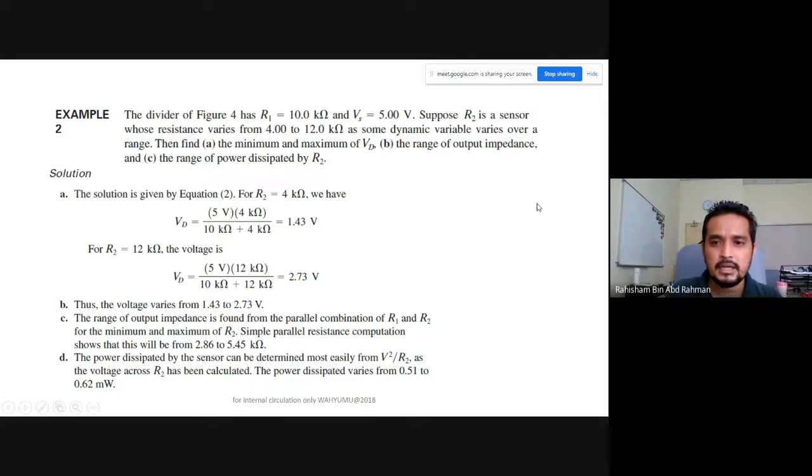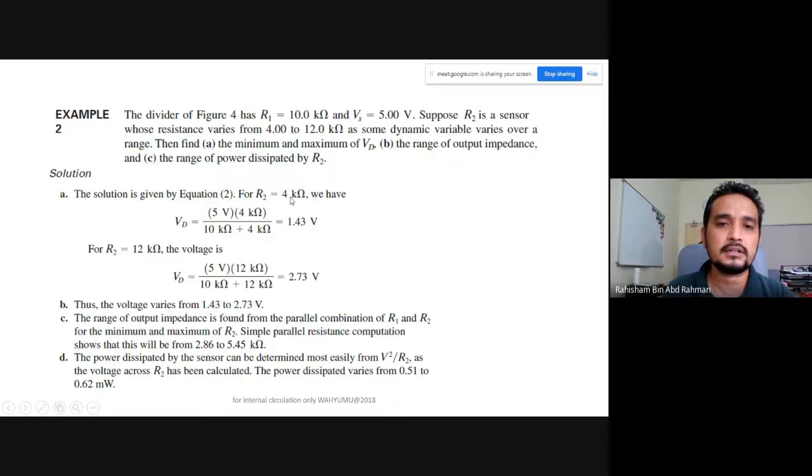Alright, the last one is the range of, when it says range it is very simple. We just stick to minimum and maximum. That is what we classify as range. How to calculate the dissipated power? Dissipated power can be calculated by VR squared over R2.